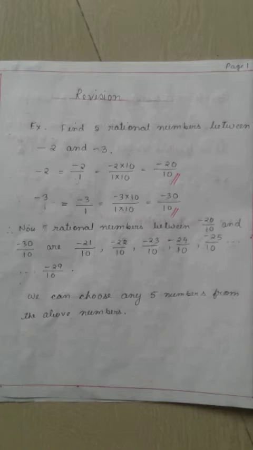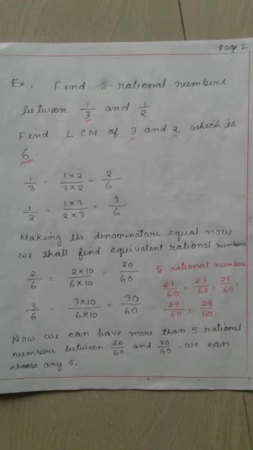The same way, again I have taken another example. I am taking two rational numbers. Initially I had taken two whole numbers, -2 and -3. Now I have taken two fractions, 1 by 3 and half.